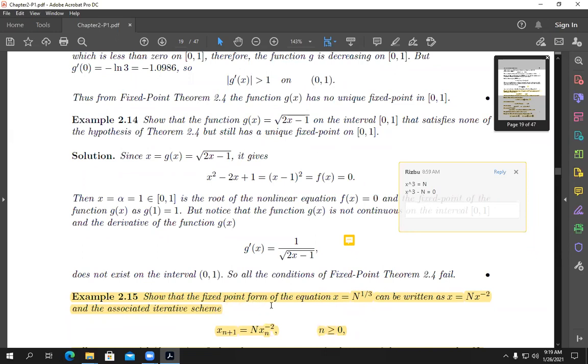So what is this one, please? G of x. That means you have to find G. And how can you find G? Always you need f of x. So can you give me what is f you have for this case? What is your f?